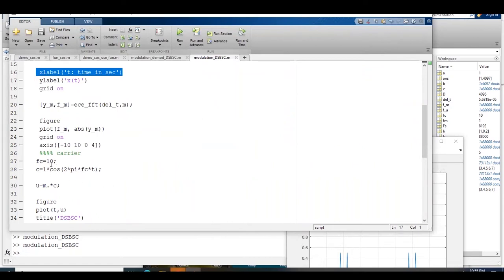In frequency domain, I should have 2 spectral lines at 10 hertz and -10. The carrier magnitude is 1.